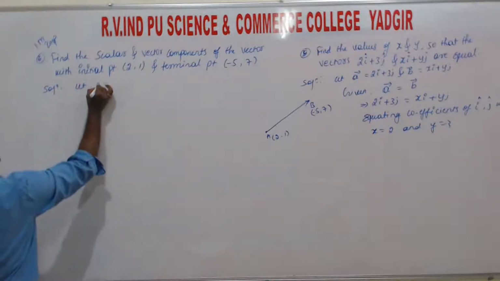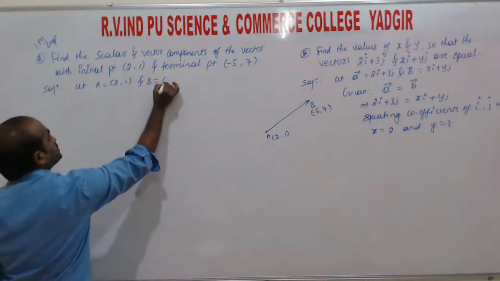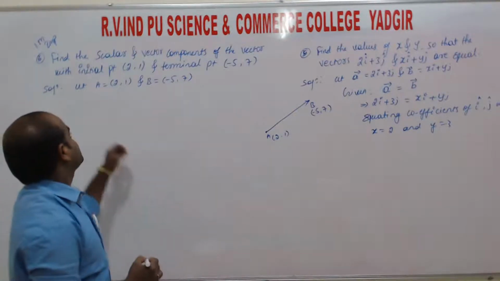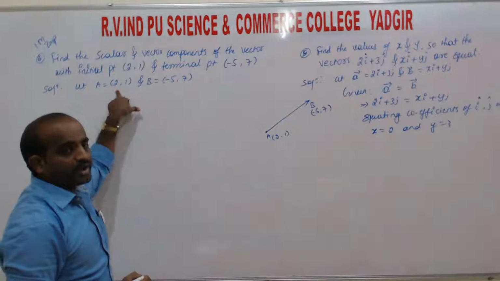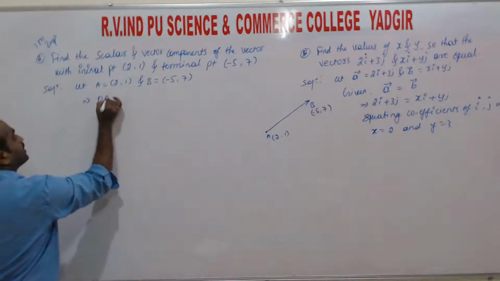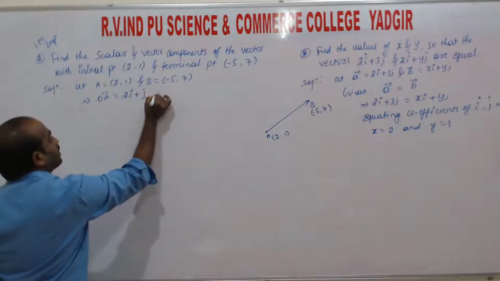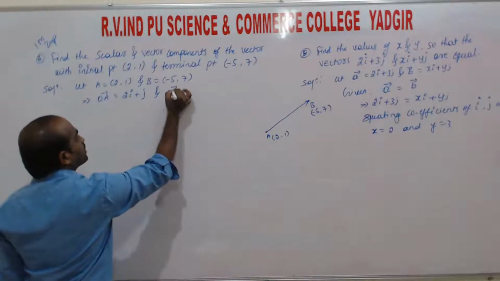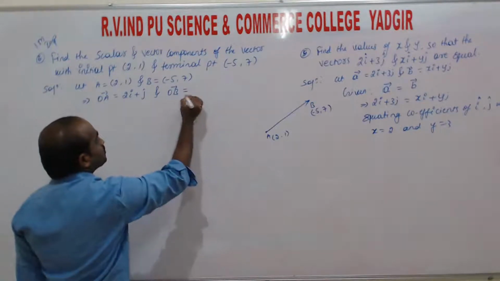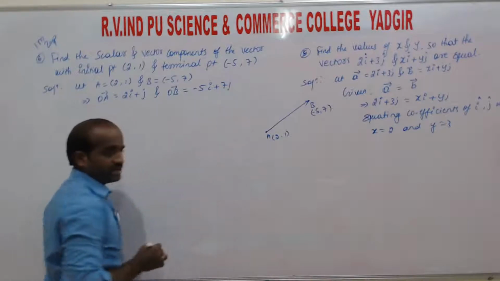Solution. A point is 2 comma 1 and B point is minus 5 comma 7. Next, the position vector of the point A with respect to the origin: OA vector is equal to 2i plus j, and OB vector, the position vector of the point B with respect to the origin O, is minus 5i plus 7j.